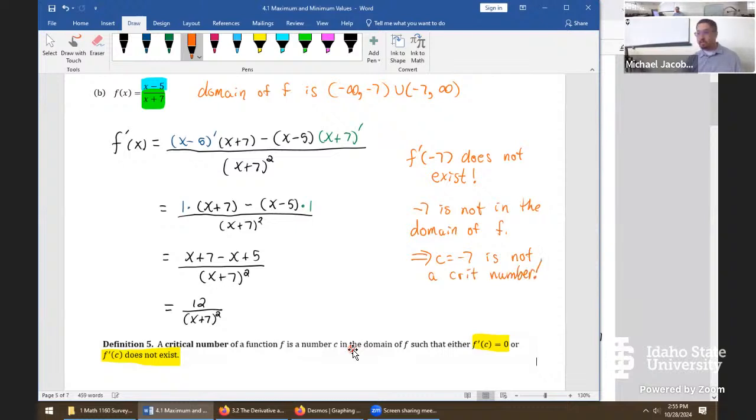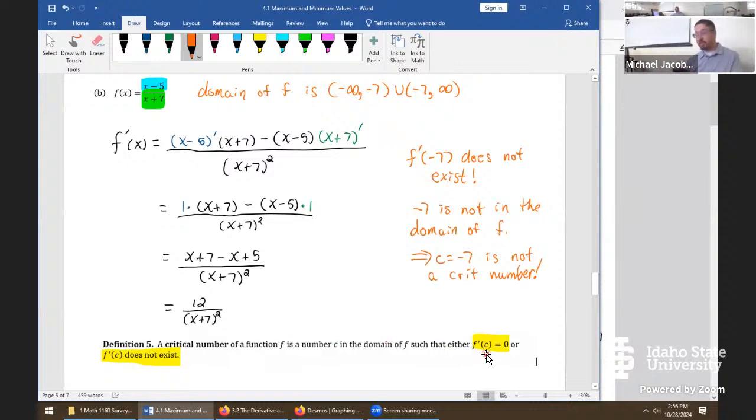Those deserve exclamation marks because, again, I think this is pretty tricky and subtle. If you're really looking at this carefully, you notice derivative doesn't exist at -7, still isn't a critical number because from up here, you could never plug in -7 in the very first place.